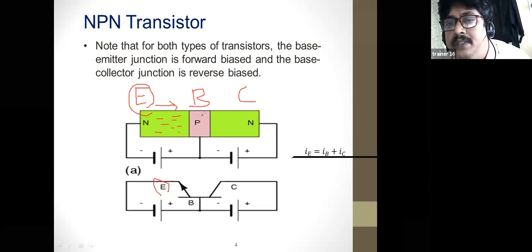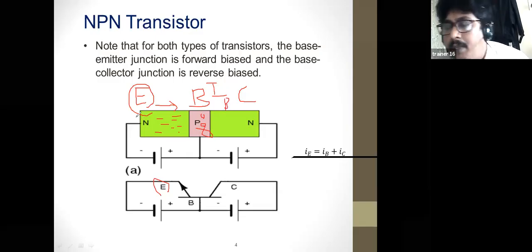So in the base, holes are there, small holes, which are positive. Of the electrons from the N-type, only a few are attracted towards the holes, forming the base current. All of you listen carefully.